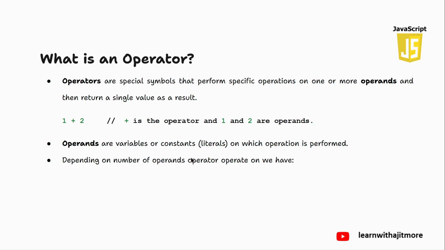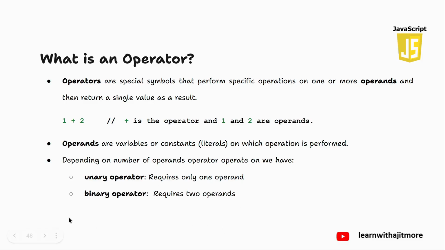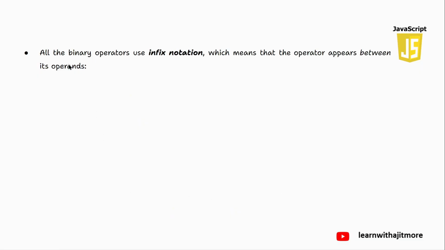Then, depending on the number of operands the operator operates on, we have unary operator, which requires one operand, binary operator, which requires two operands, ternary operator, which requires three operands. Then, all the binary operators use infix notation, which already I told you.